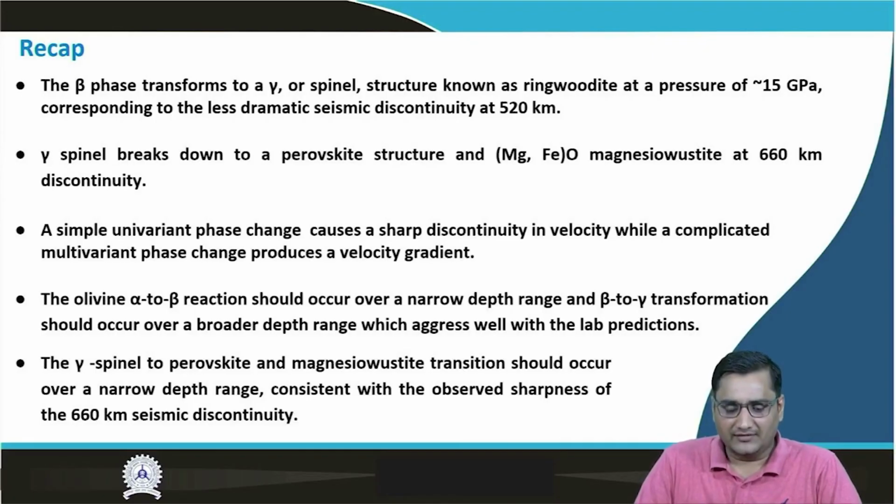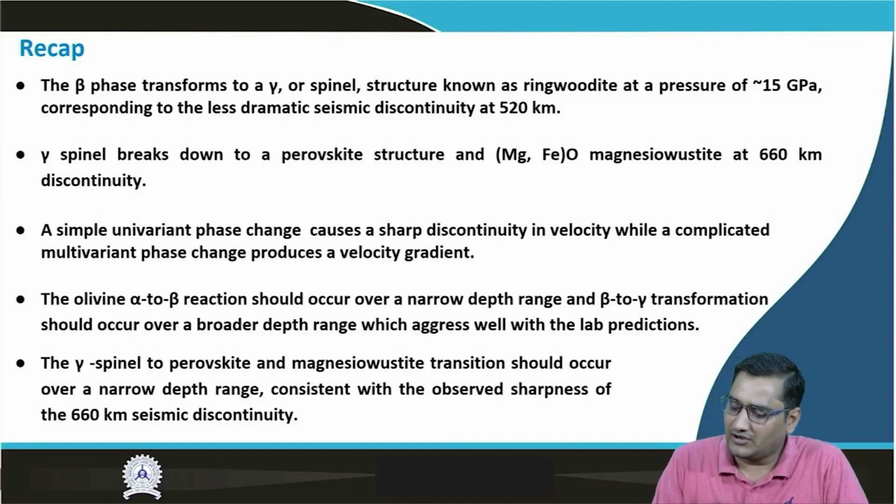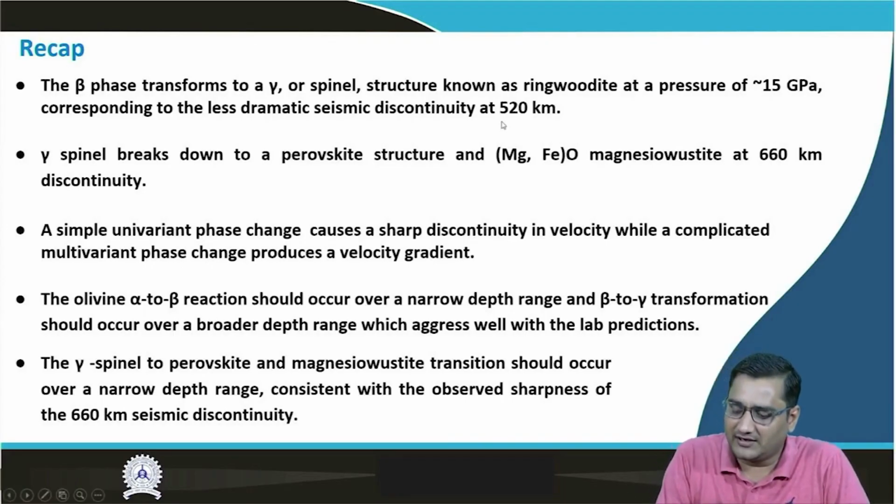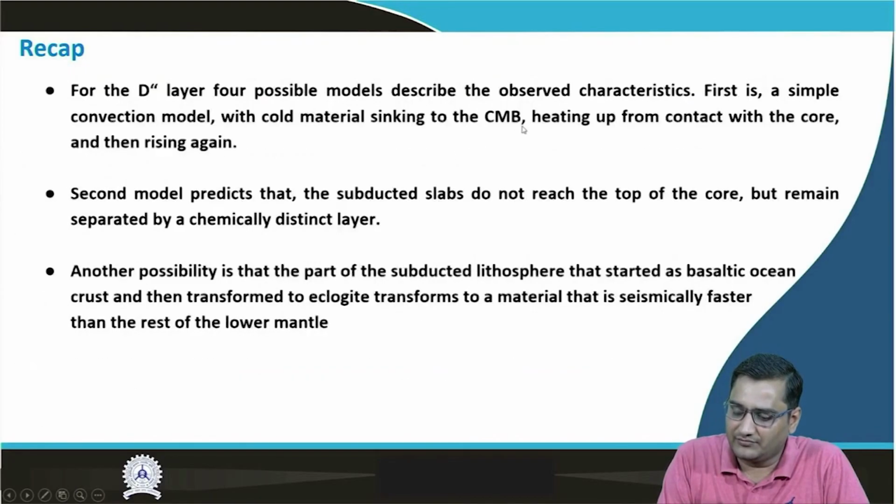After that, beta transforms to the gamma or spinel structure, also known as ringwoodite, at a pressure of around 15 gigapascal, corresponding to a less dramatic seismic discontinuity at 520 kilometer depth.